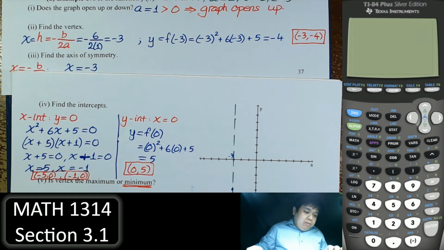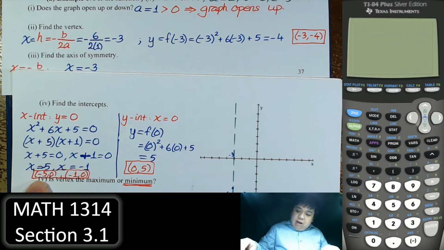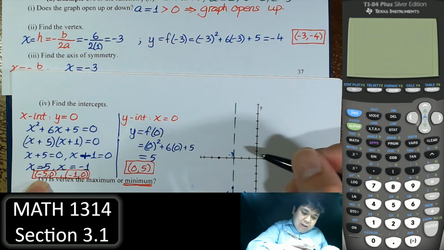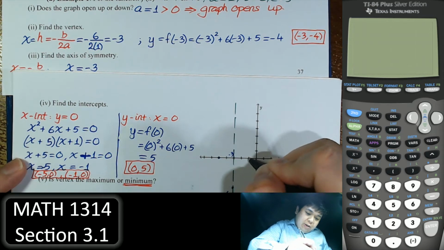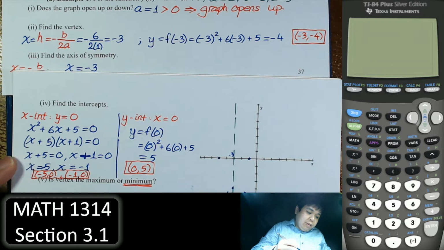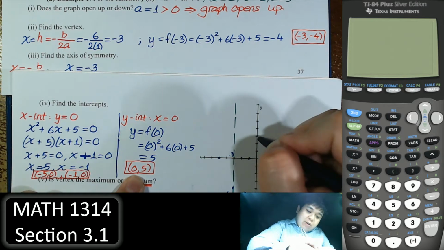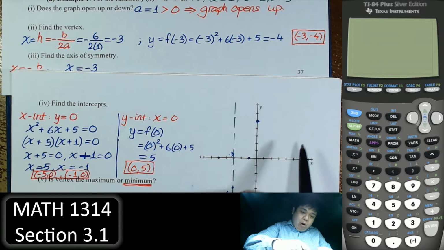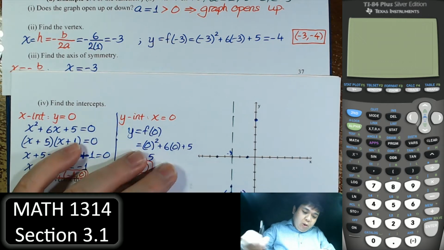And then we have negative 5, 0 and negative 1, 0, and the y-intercept 0 and 5. So the parabola will go through those points.